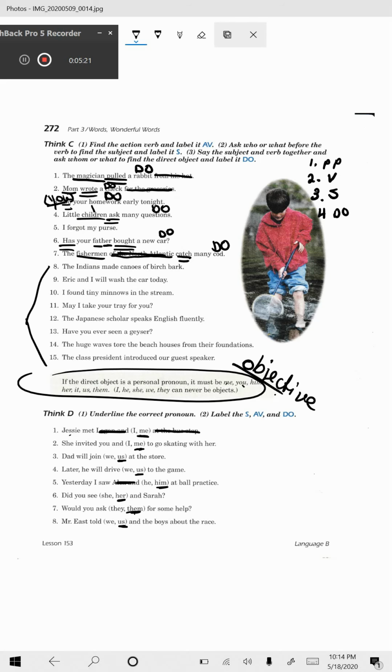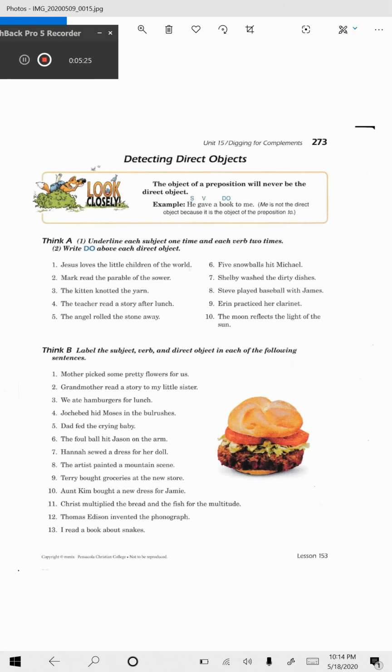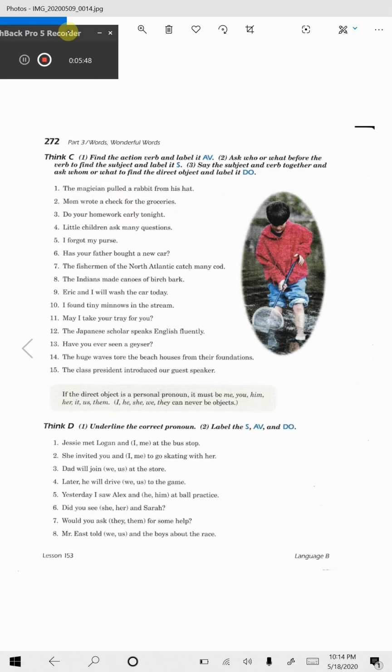All right, let's go to the next page. More of this. Underline each subject one time and each verb two times. Write direct object. Just for the sake of time, let's do this. I'll do Think A with you, and then Think B you'll do on your own, and it's the same thing.